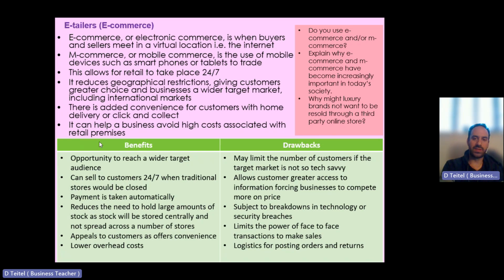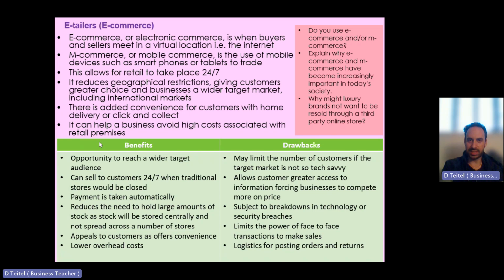When we talk about limiting the power of face-to-face, some customers still really value that customer service experience, especially for larger purchases. Obviously, if people are just buying small things and items of clothing, it may not be as important. But for some businesses, building that relationship to get customer loyalty really depends on customers coming into those stores.